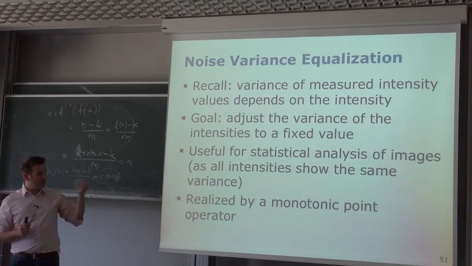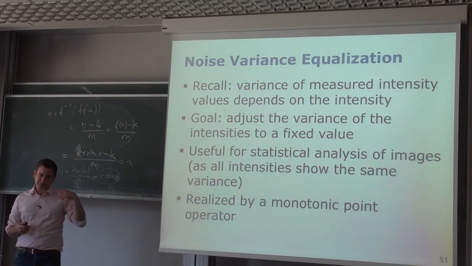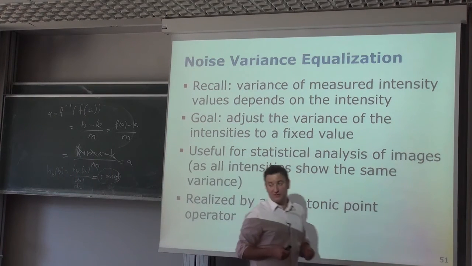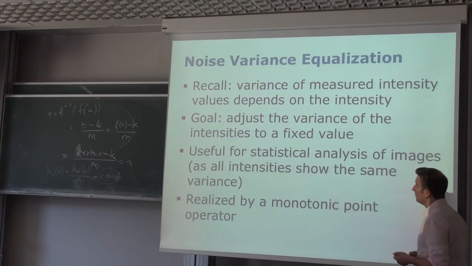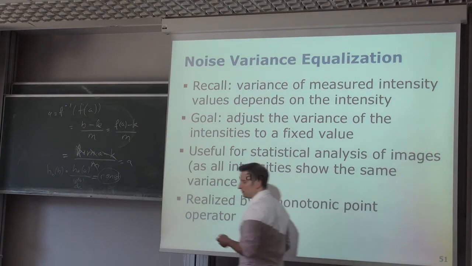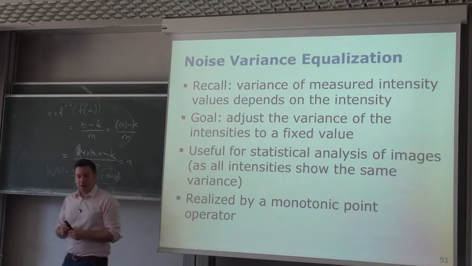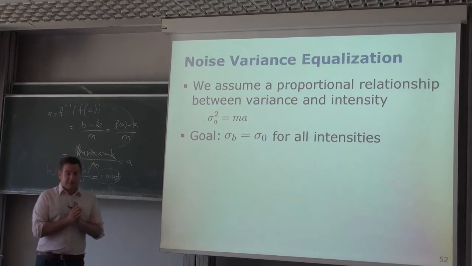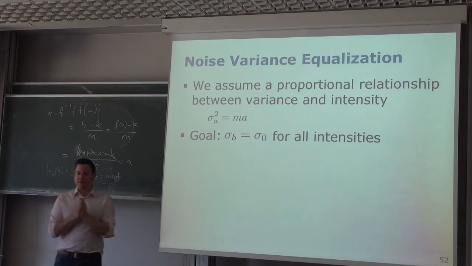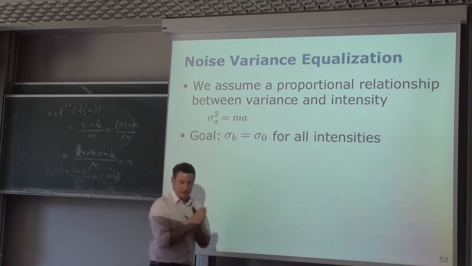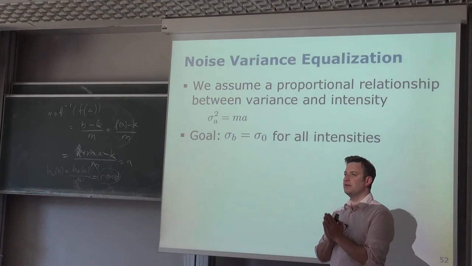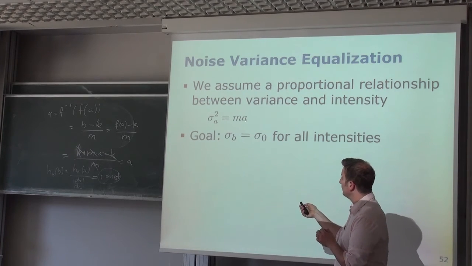And so what we're next trying to do is define a point operator that performs this variance equalization, or Varianzangleichung in German. How's it written down there? The first assumption I start with is that the variance only depends on my intensity values and a constant factor, this one over here.